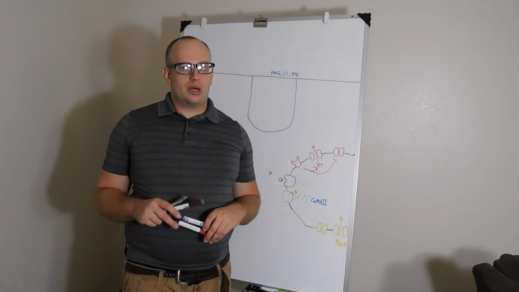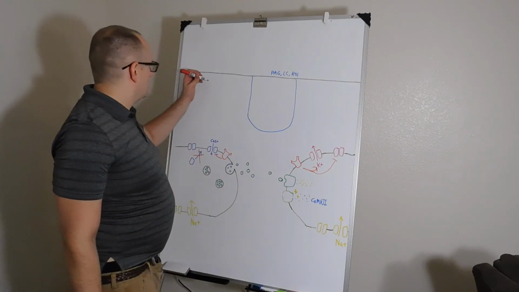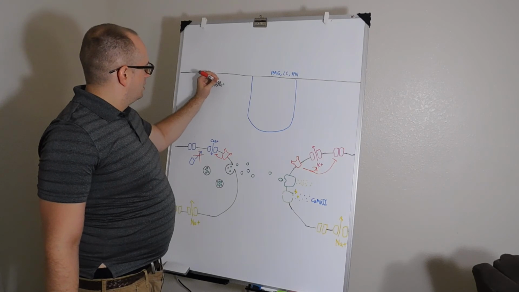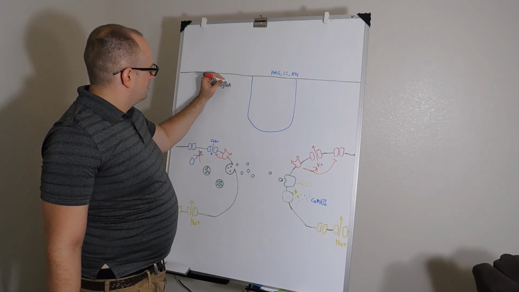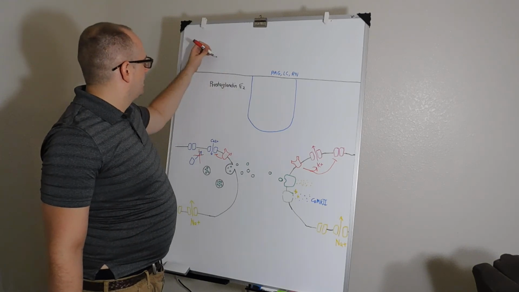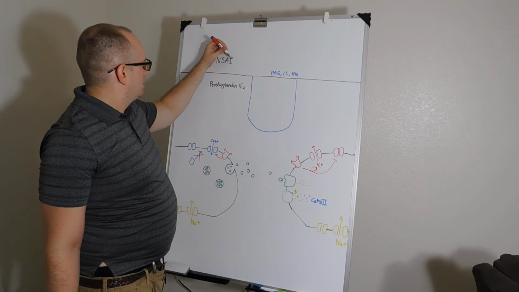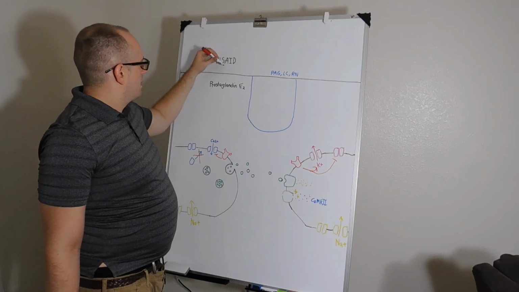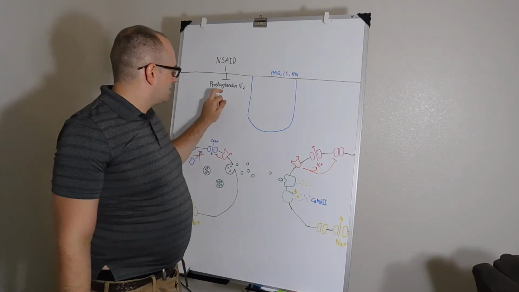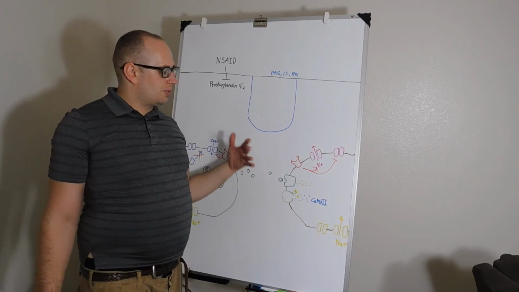Some of these drugs inhibit the production of prostaglandin E2, which I guess I'll draw. Prostaglandin E2. This is the big player. And NSAIDs block the production of this, and this is stimulatory towards sodium channels in the periphery.